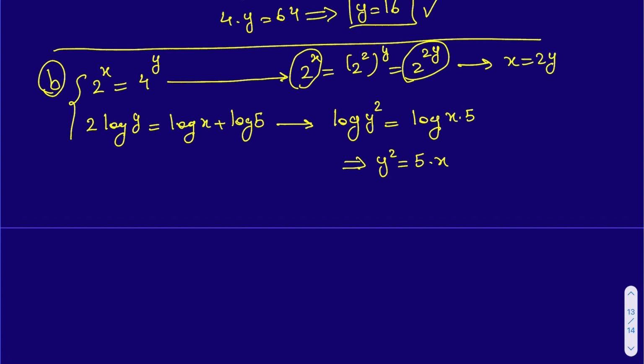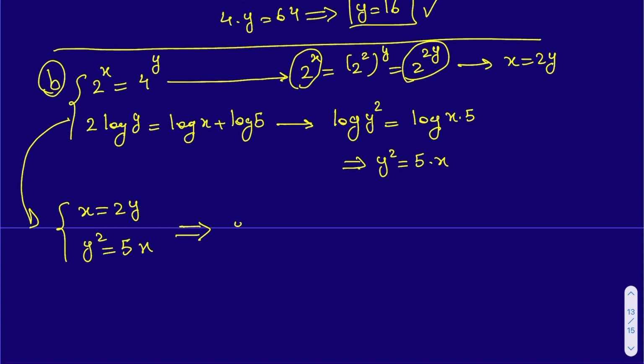So now let's see what we have got. We have changed this simultaneous equation to these equations: x is equal to 2y and y to the power of 2 is equal to 5x. Okay, this is what we have got. Then we can easily solve this simultaneous equation by substituting one into the other equation.